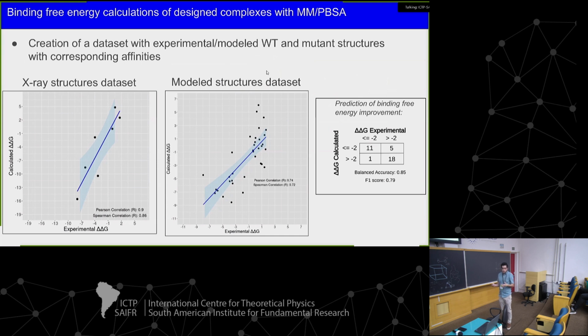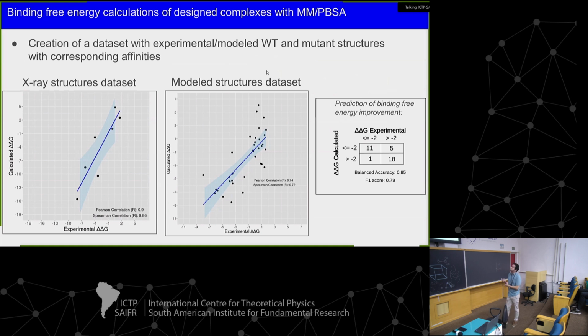But for this, you need to build a data set of structures, TCRs bound to pMHC, with experimental affinities. We don't have many solved 3D structures of complexes between TCR and pMHC with the corresponding binding energy estimated experimentally. So we just had, for instance, in terms of delta delta G, about 7 Ks. But if you compare the experimental delta delta G with our calculated delta delta G, we see a very nice correlation.